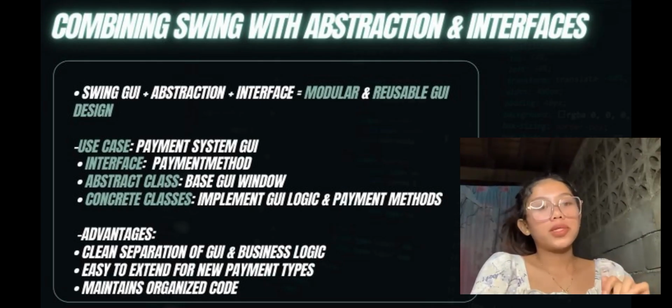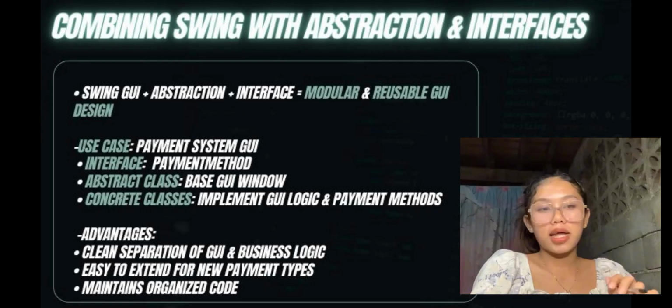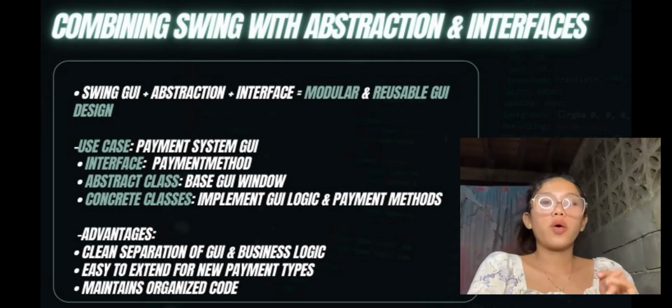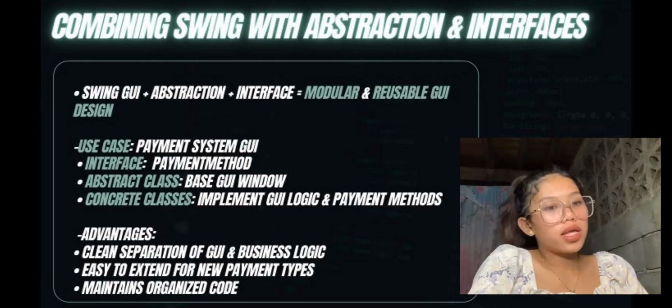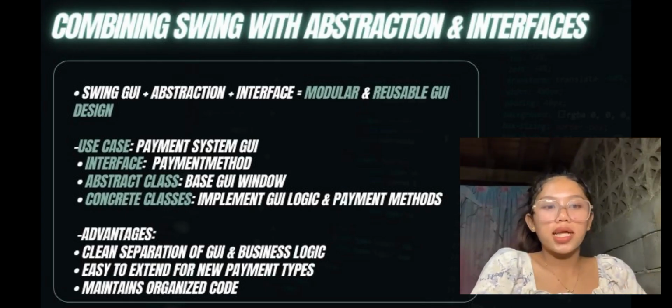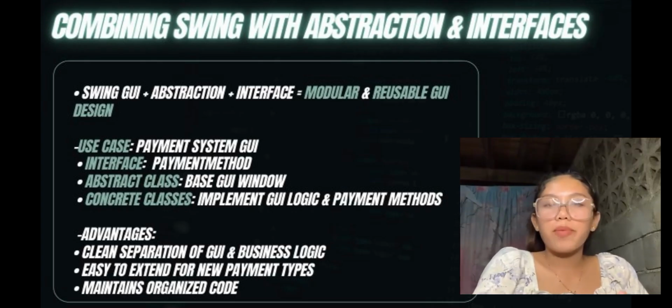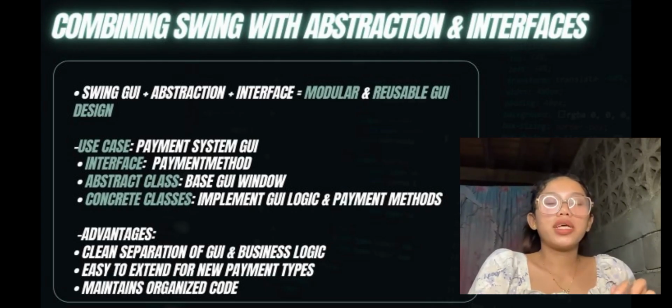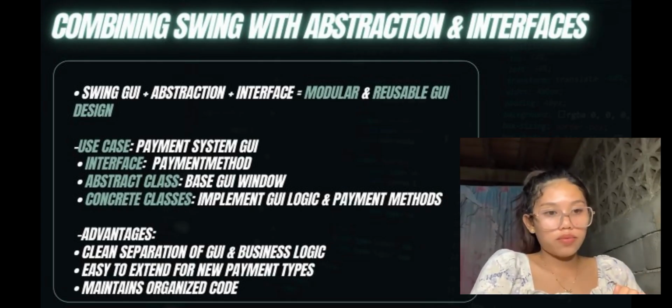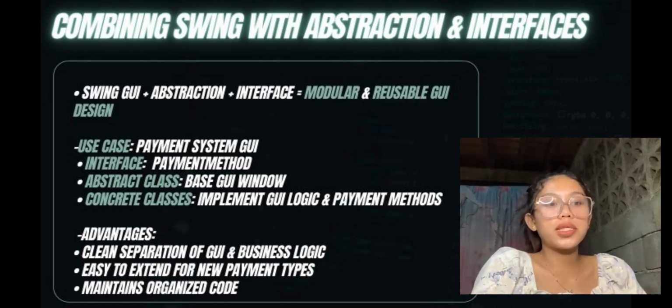So, our use case is a payment system GUI. The interface PaymentMethod defines a standard way to process payments. And an abstract class, BaseGUI window, provides a common structure for GUI windows.